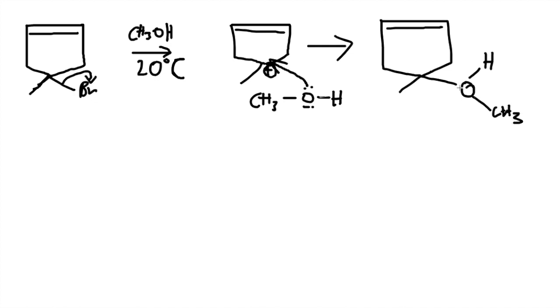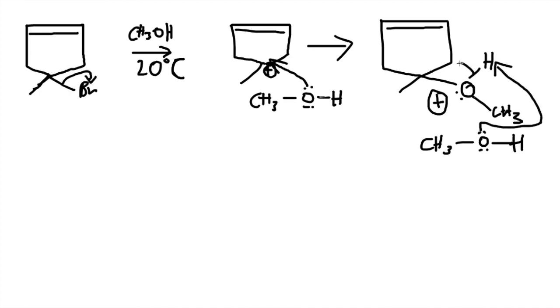Now from here, oxygen has 1 lone pair and a positive charge. We can't stop here because we do not want to have a positive charge in our reaction. So we use our reagent again, the polar protic solvent, the methanol. So methanol comes again, and this oxygen goes and grabs that hydrogen. This hydrogen gives off an electron to oxygen.